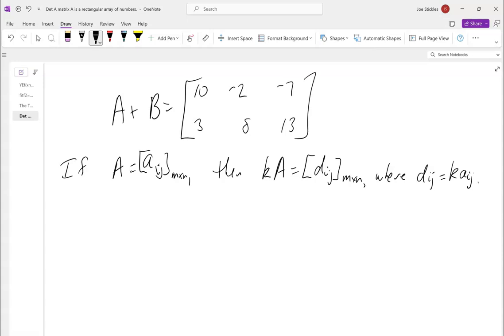So I make a new matrix. The scalar times the old matrix has the same size, where the general entries are just: I take the same scalar and run it through the whole matrix. Just like you would do for a vector. Same concept.